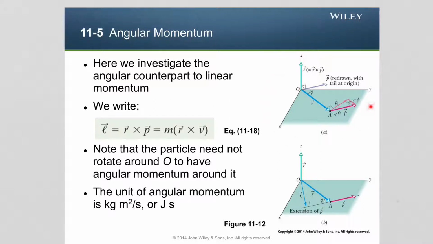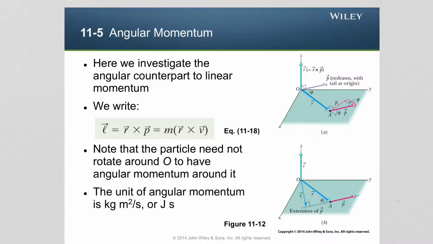In the cartoon here on the right, if I take a three-dimensional coordinate system x, y, and z and place a particle that moves in space at point A, I can calculate the angular momentum of this particle with respect to this point O by taking the cross product between the position vector of the particle at that particular point in space and the linear momentum of the particle at that moment of time.